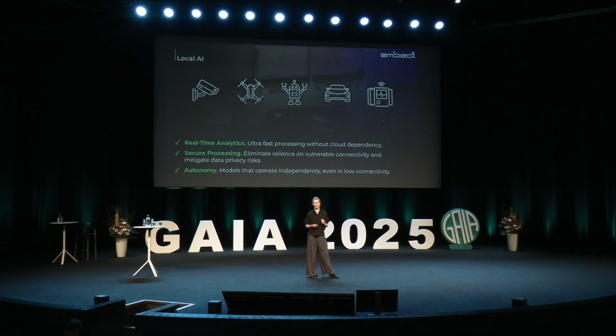Then on top of that, when we have seen previous presentations about military applications, for example, where connectivity is not always given, and it is a luxury to have. And even if you are connected in a way, you still want to be secure. So you want your models to work even when you have low connectivity or no connectivity at all. So in summary, we want local AI.